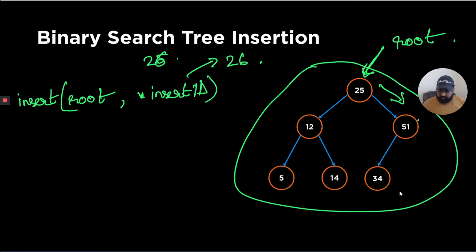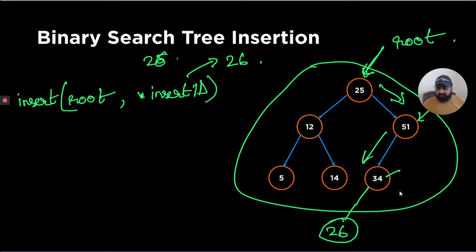Next, I'm going to compare 26 with 51. Since it's lesser than 51, I'm going to go towards the left-hand side. Next, I'm going to compare 26 with 34. Now 26 is smaller than 34, so I'm going to attach a new node right here called 26, which is towards the left of 34.